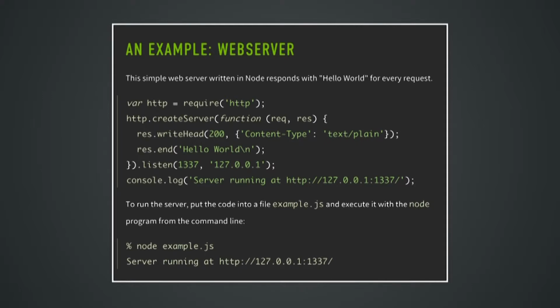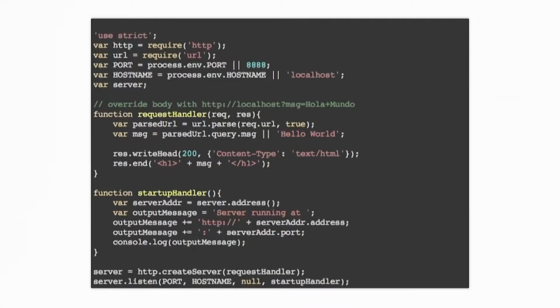Now, again, that's not a showstopper bug, but what we'll find is that the listen method is just as asynchronous and event-driven as the create server method is. So if we use a slightly more advanced version of this, we will also have a startup event listener that will come up and make sure that the server is up and running before we display what port and address it's using.